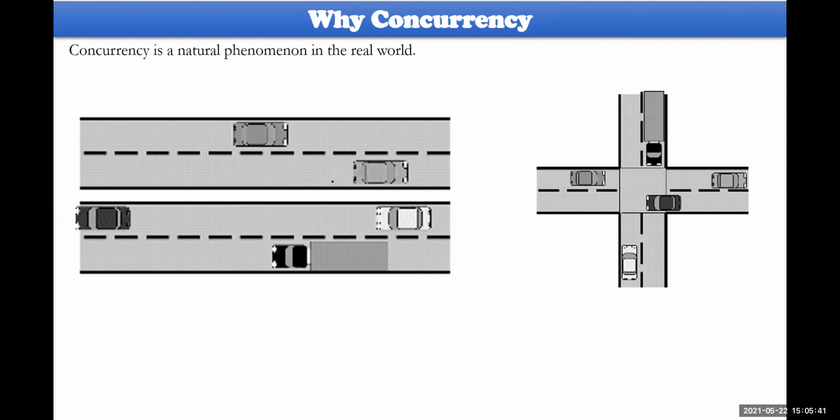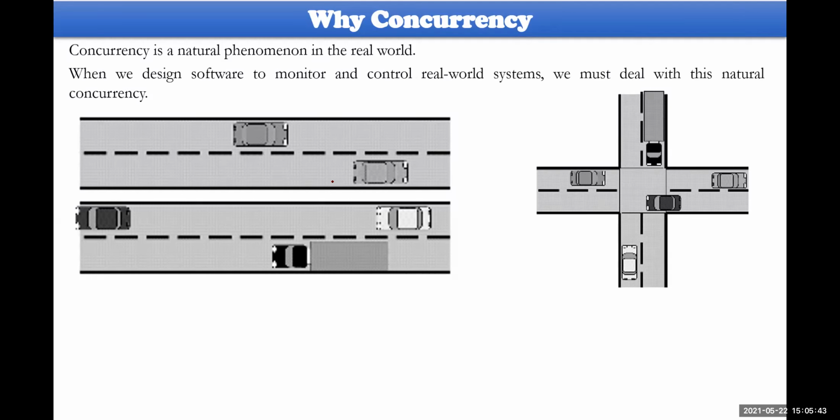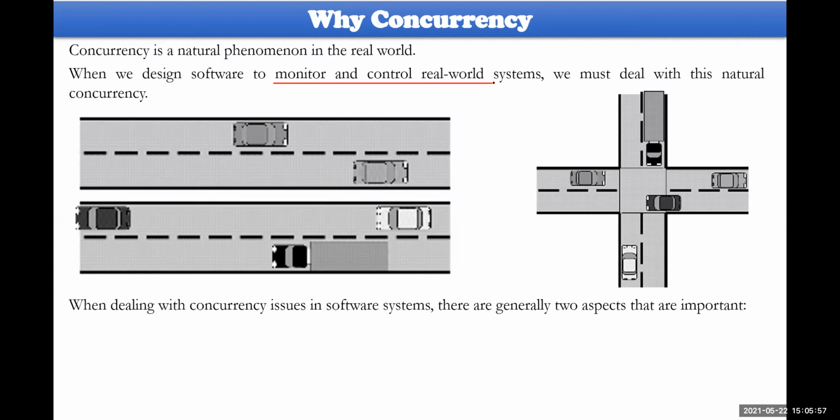And what is the basic principle to be taken into consideration while concurrency is being considered here? When we are trying to design, monitor and control real world systems, we must deal with the natural concurrency that is available in the real world. It must be taken into consideration.